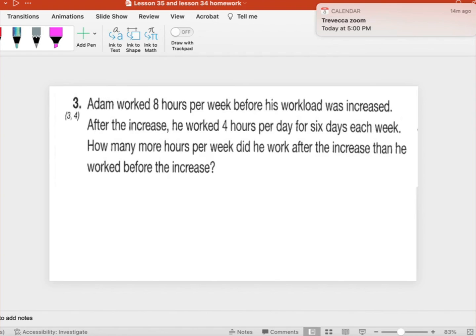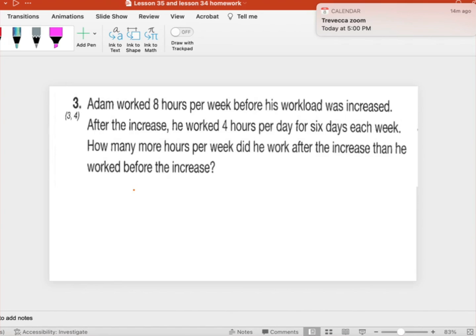Adam worked 8 hours per week before his workload was increased. After the increase, he worked 4 hours per day for 6 days each week. How many more hours per week did he work after the increase than he worked before the increase?